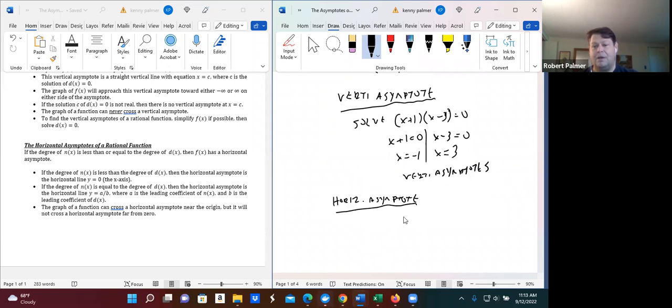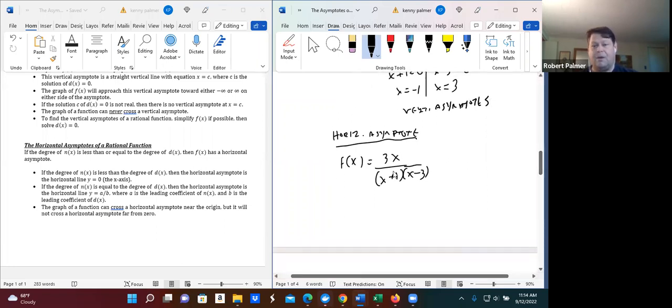All right, let's just rewrite our function since we can't see it at the moment. It's going to be 3x over x plus 1 times x minus 3. Now here, up top, we have a degree of 1.